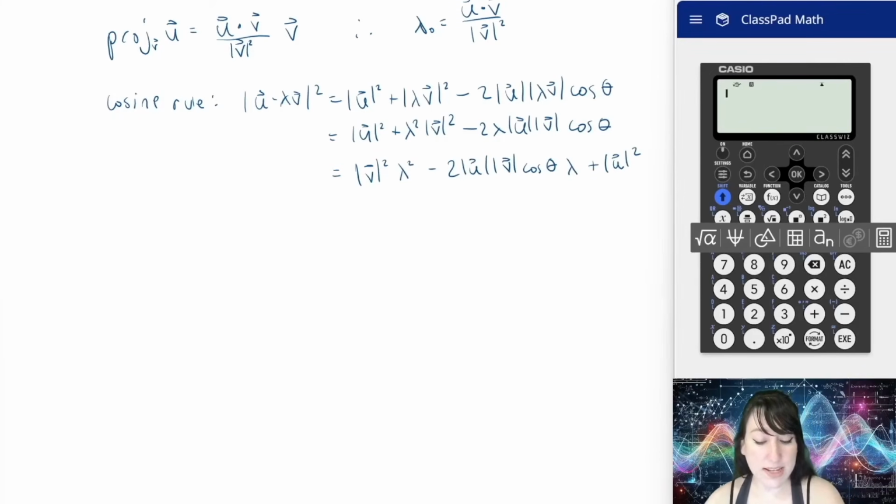And as it's quadratic, leading coefficient positive, in a way that's an up-facing parabola, which has a minimum. And the minimum occurs at the value of lambda, which is equal to negative b over 2a. That's where the vertex is of the parabola.